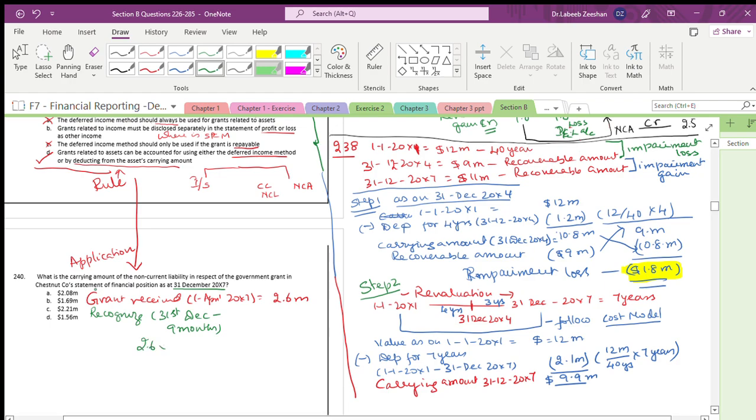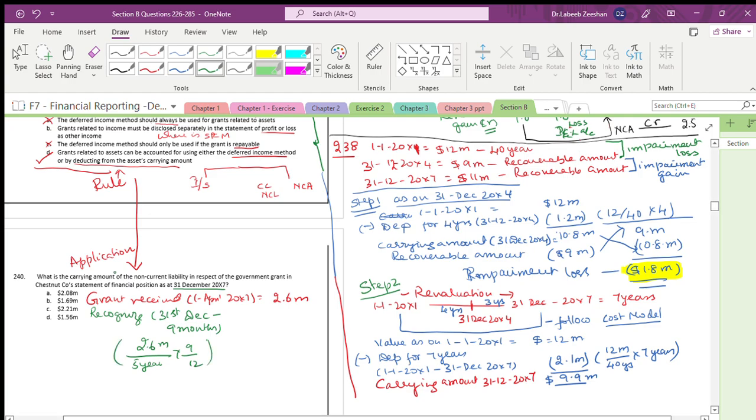Now, how much is there? 2.6 times 9 by 12 times 1 by 5. It has to be like this; I have done it in a different way. 2.6 into 1.5, you can put it like this also. So 2.6 million divided by 5 years into 9 by 12.